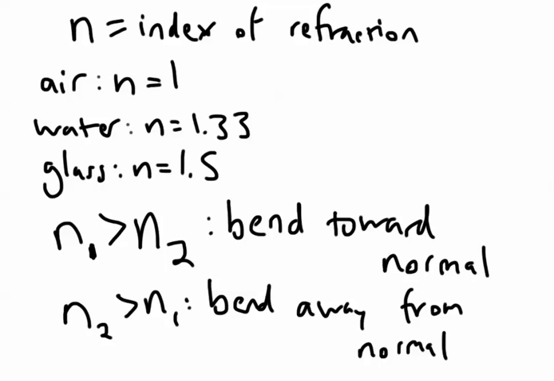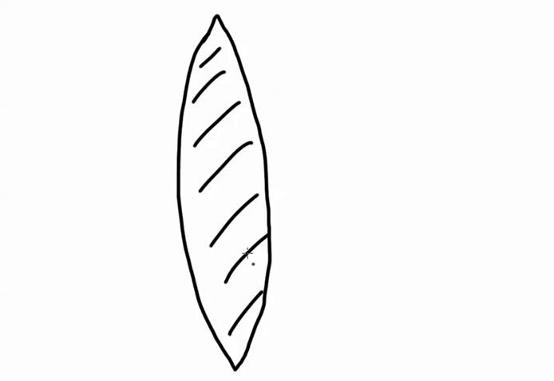So for example, if I were to make a lens, this is a lens of glass, and some light were to come in, say some light comes straight in like this, then if I draw the normal, now the normal is perpendicular to the lens, so it will look like this.